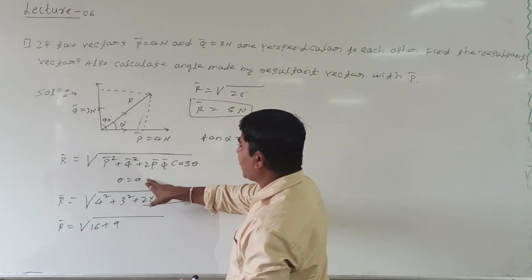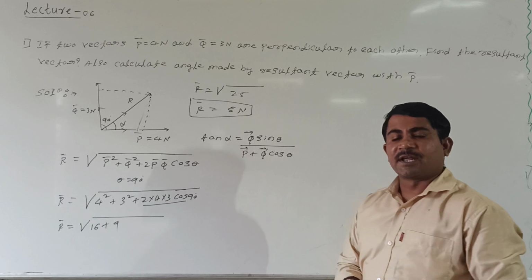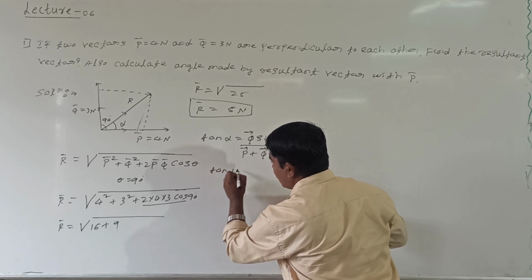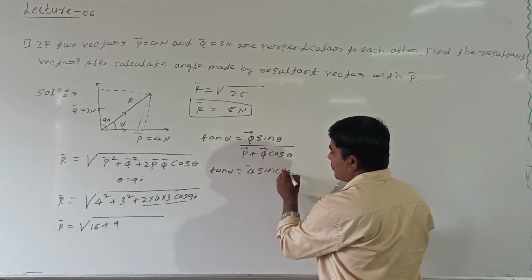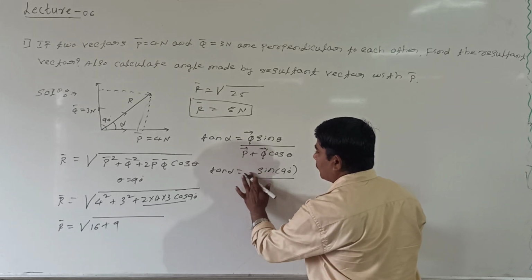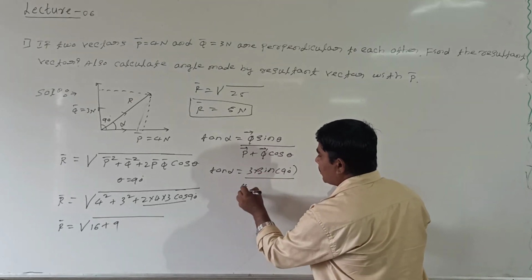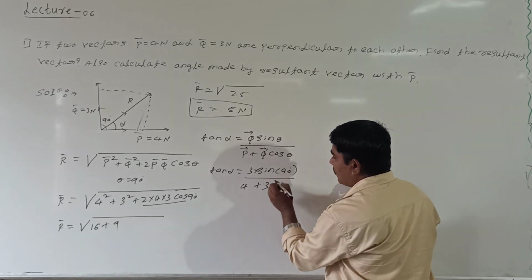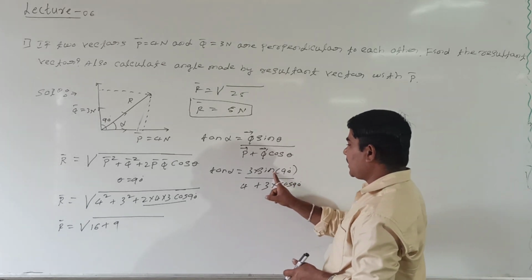Theta is how much? Theta equal to 90 degrees, not 0 degrees. If theta equal to 90, then we can put it directly: tan alpha equal to Q, that is 3, not 4, into sin 90, divided by P, that is 4, plus Q, that is 3, into cos 90.